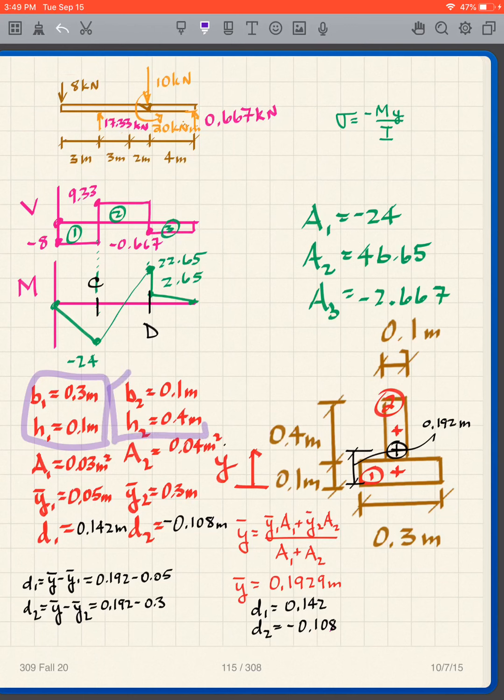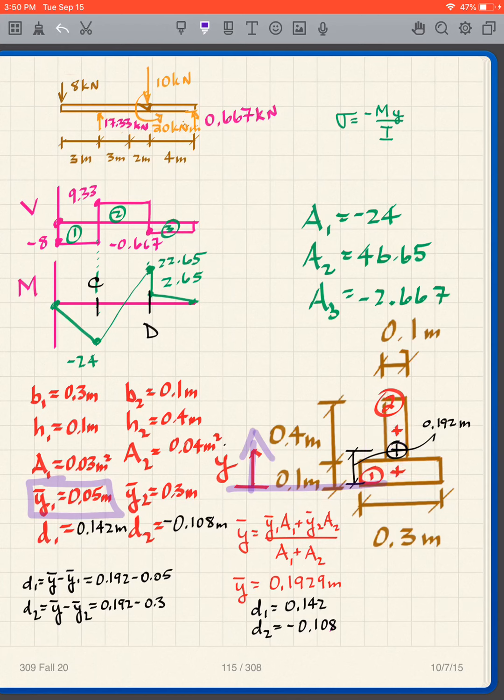I get my B2H2. I then multiply those out to get the areas. And then I get y bar 1. Remember, I set up my coordinate system such that it's like that. Y bar 1 is the distance to that point. Y bar 2 is the full distance to that point.